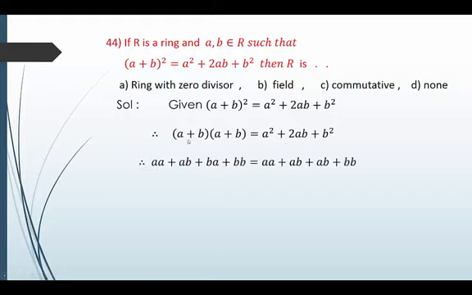Open this bracket: a into a plus a into b plus b into a plus b into b equals a square is a into a, 2ab is ab plus ab, b square is b into b. Then a a cancel, b b cancel, also ab cancel, remains only ba equals ab. ba equals ab means R is commutative, and therefore the answer is option C, commutative.